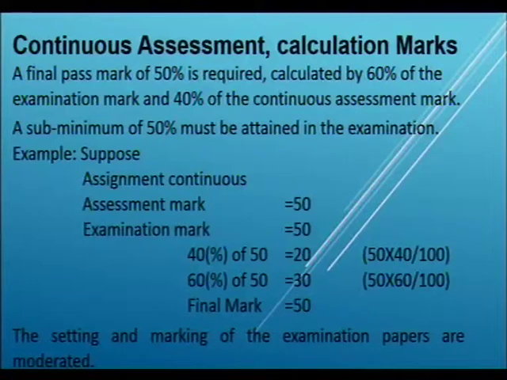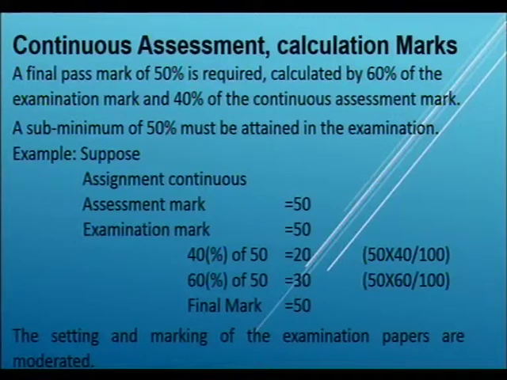A final pass mark of 50% is required, calculated by 60% of the examination mark and 40% of the continuous assessment mark. A sub-minimum of 50% must be attained in the examination.